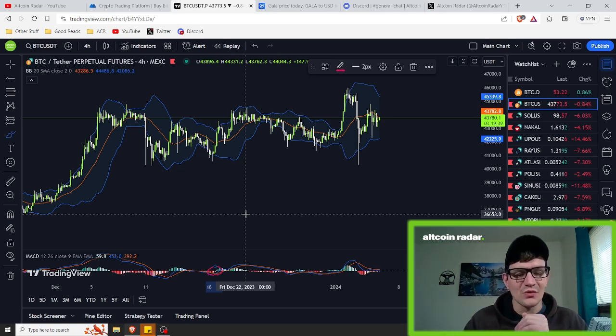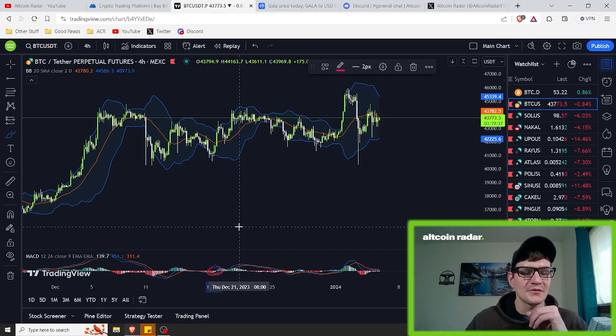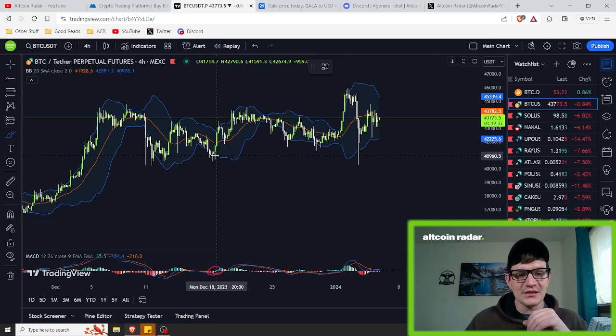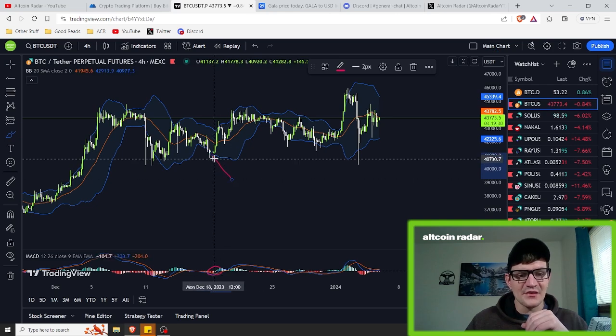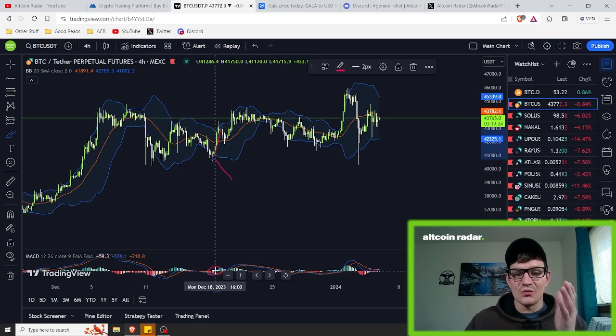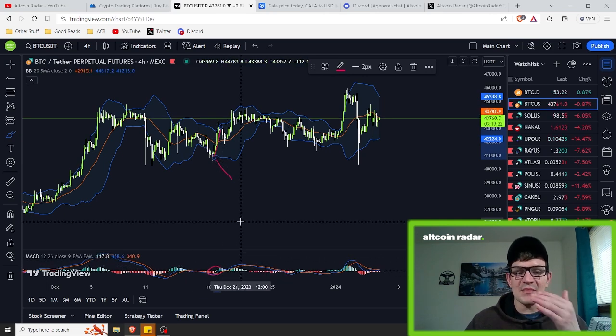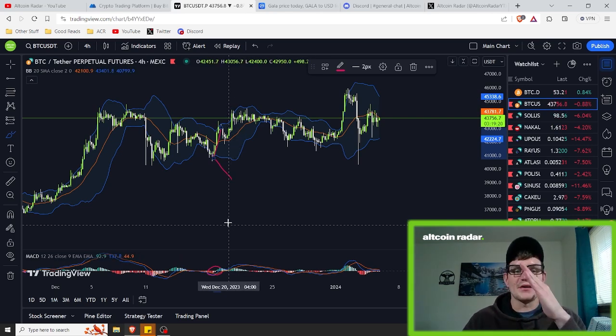Realistically, this could have gone down instead of straight up, but we had the indicator for confirmation down here to tell us that the sell pressure is minimizing and we are starting to trend upwards again.